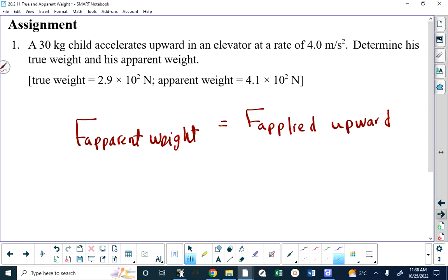Always. Whether you're accelerating up or down, there's an applied force upwards. If there isn't, you're in free fall. And if there isn't an applied force upwards, then the applied force upwards is 0 and your apparent weight is 0. This is always true. It's just that we're using the mass of the person whose weight we're talking about. We're not using the mass of the elevator or anything else, or the rocket.